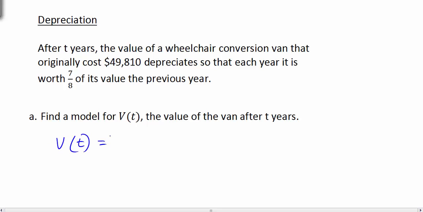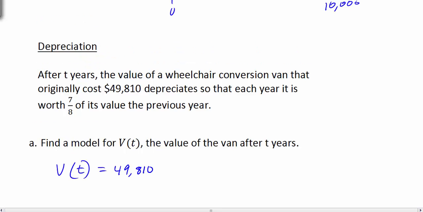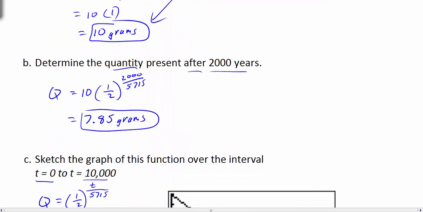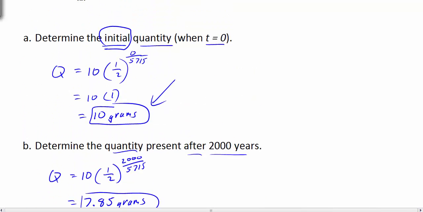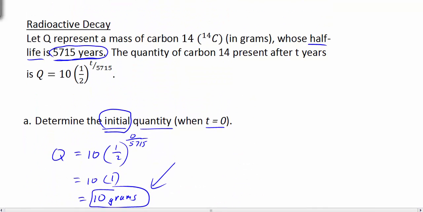Well, we know the original value is 49,810. Now, if we think of this like our example above with the carbon, the equation there was talking about the half-life, and up here we had one half, and the amount we started with was 10.